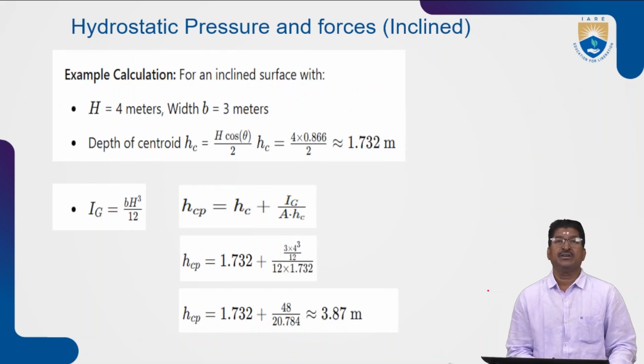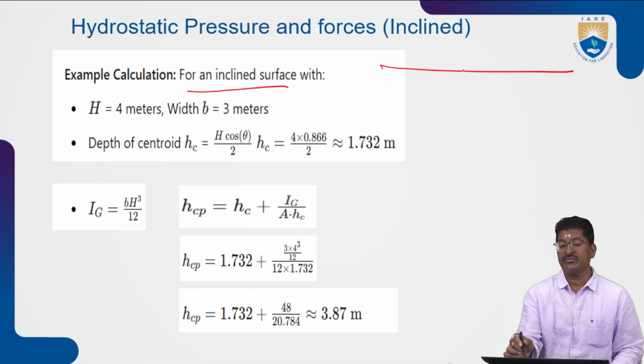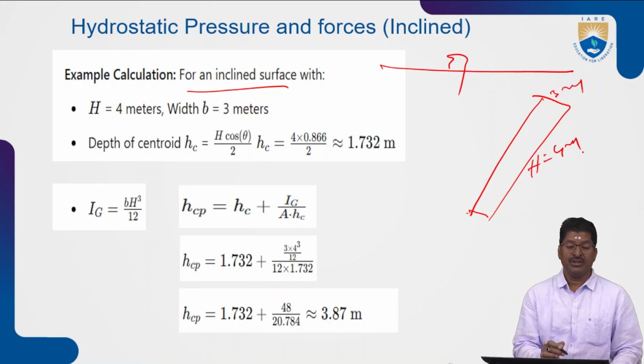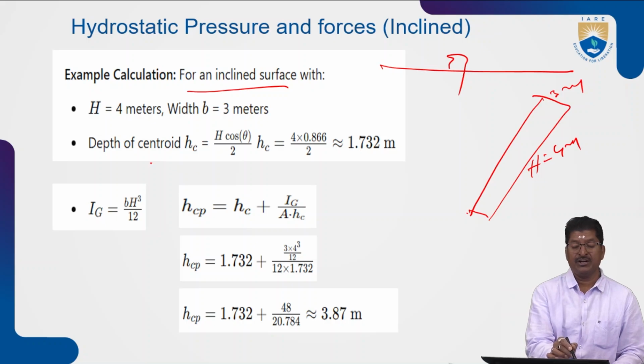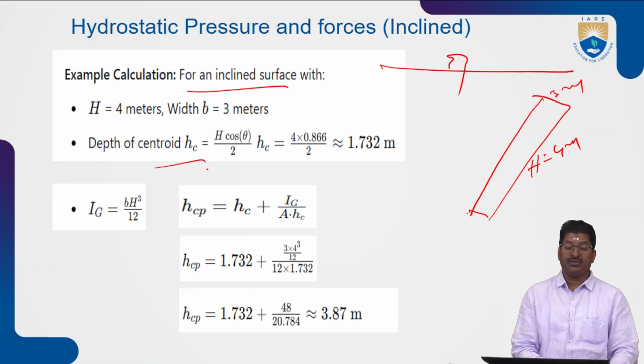Now if you see the small problem here, it is an inclined surface with the water surface here. The width of this is 3 meter and the depth H is equal to 4 meter, as given here. So the depth of centroid HC is equal to H cos theta by 2.